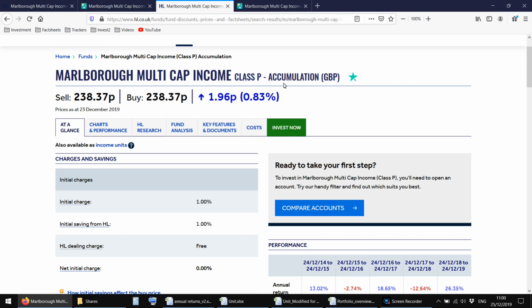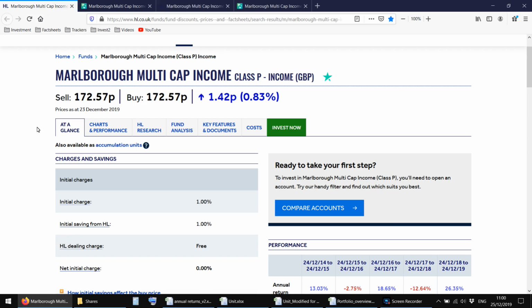The accumulation units are in many ways much simpler. All of your money stays within the accumulation unit, and if you got the price of this fund on one date and compared it to the price on another date, that is exactly how it's performed.